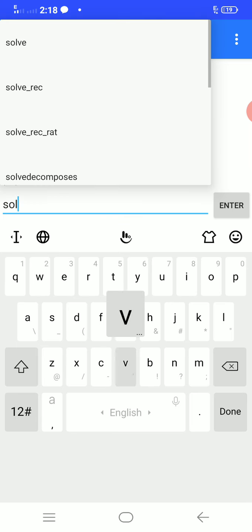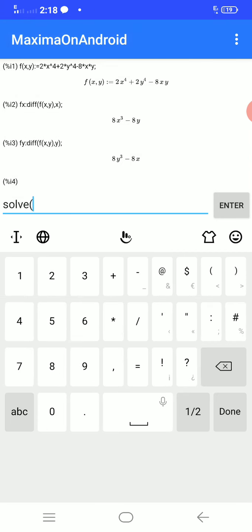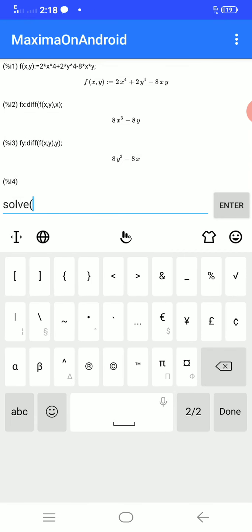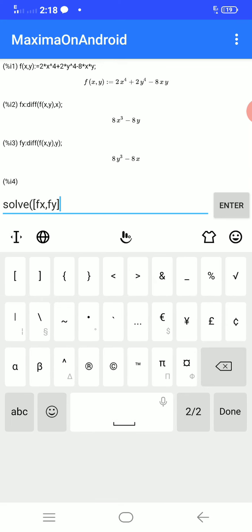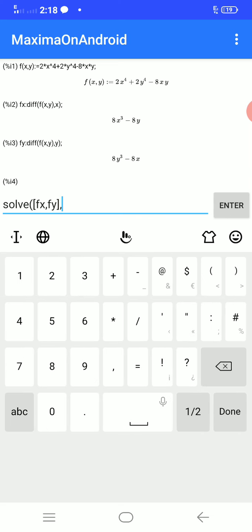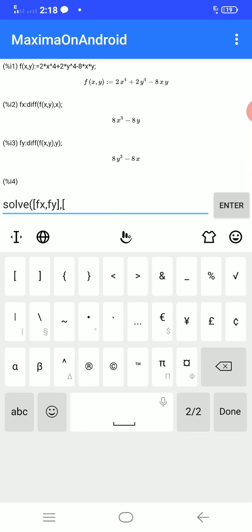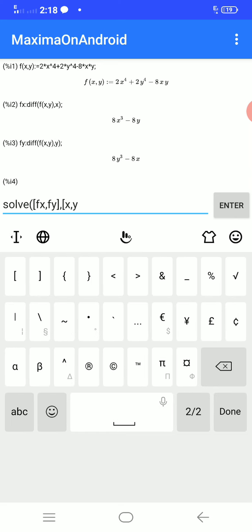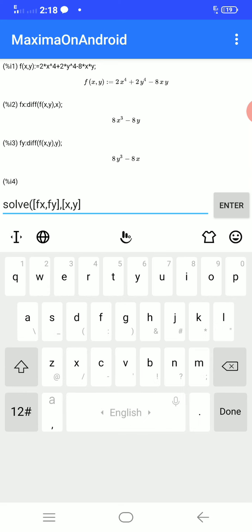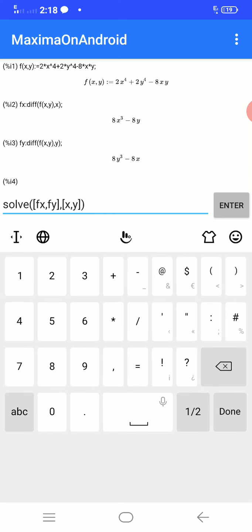Next, using the syntax solve([fx, fy], [x, y]), then enter.